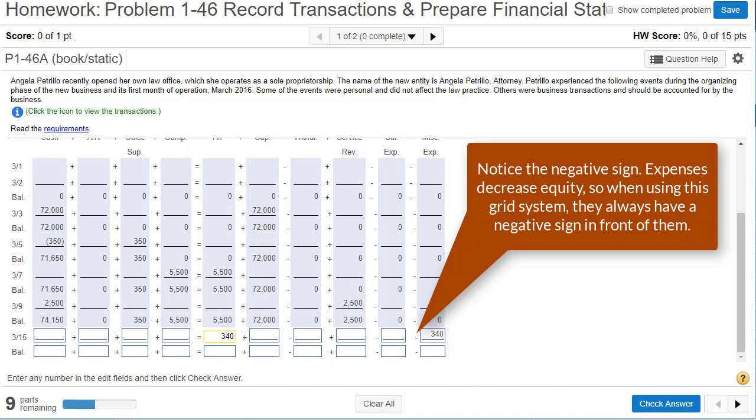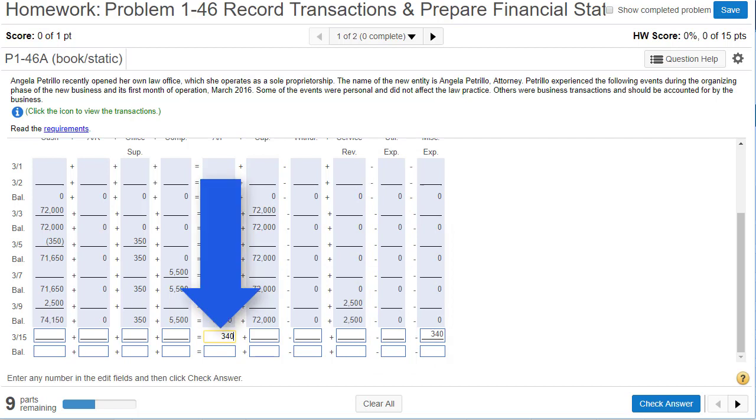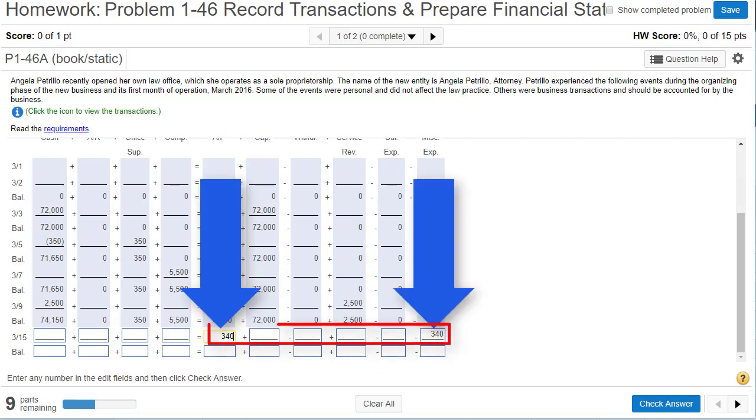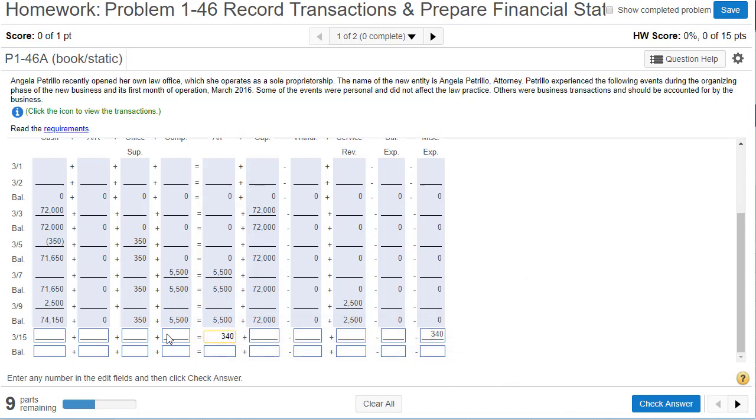So notice all expenses have a negative sign because they decrease equity. So we take the positive $340 under AP and then subtract $340 under miscellaneous expense, and we get a net 0 on the right side of the equal sign. So the equation balances. 0 on the left side, 0 net amount on the right side.